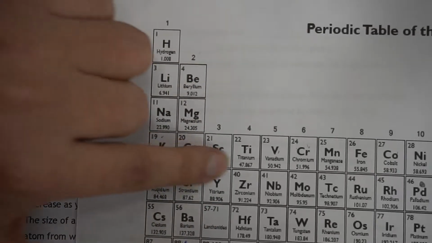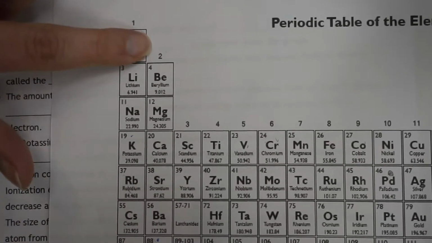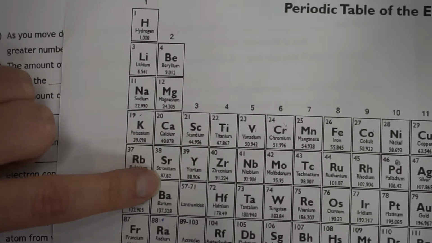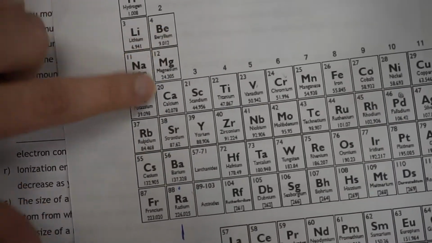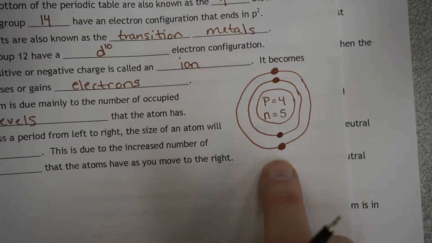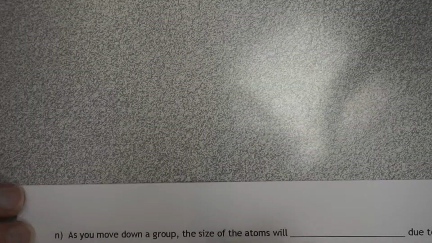We were doing periods and it increases because the number of protons increases, but now we're talking about groups. The atom will be bigger as you go down the groups because you're increasing those energy levels, so it gets bigger as you move down it.